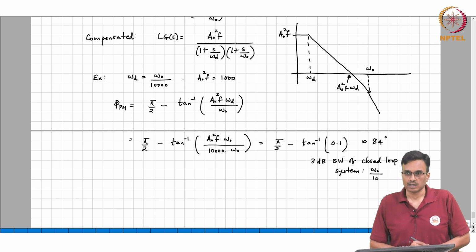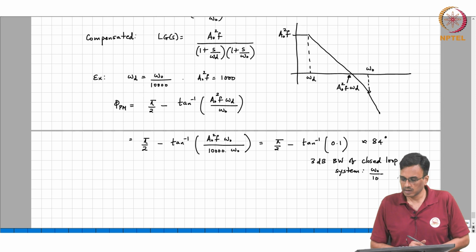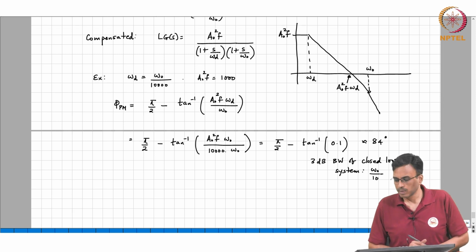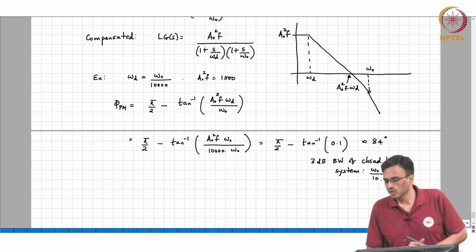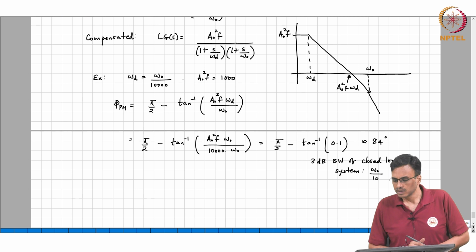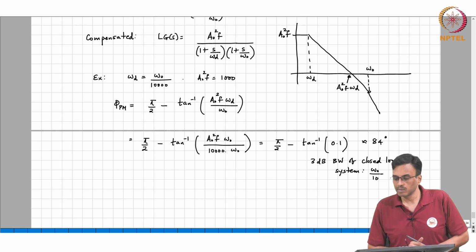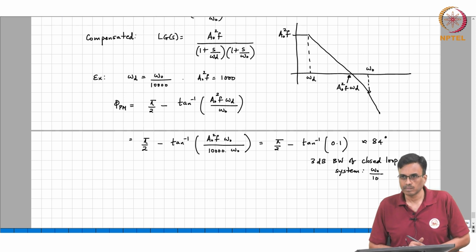Now, if the dominant pole was made 2 times larger, you will simply look at it and tell me quickly what the phase margin will be. It is pi by 2 minus tan inverse 0.2. So, that will become another 6 degrees smaller approximately, so the phase margin is now smaller than what it was before. But what comment can we make about the 3 dB bandwidth of the closed loop system?